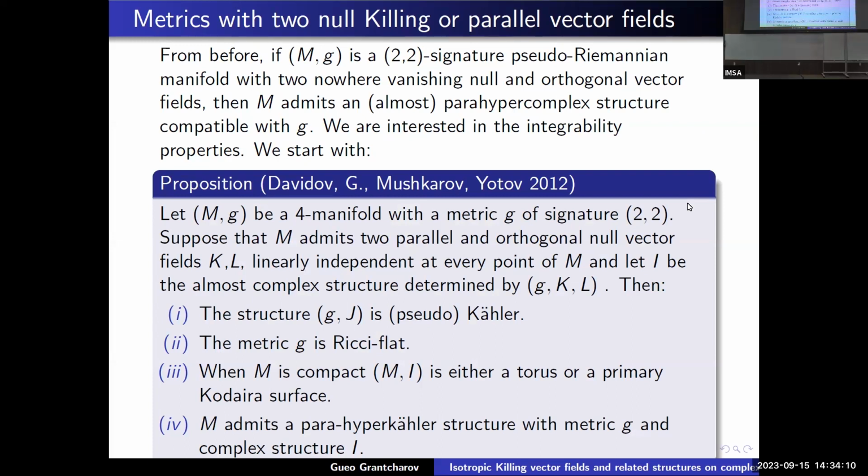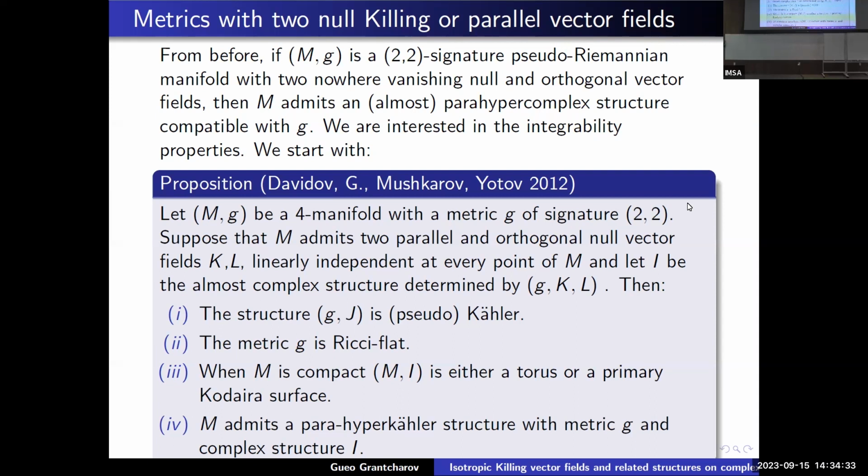Now, when we started, I started with the relation between Killing fields and complex structure. So, in this particular case, in the indefinite metric, the distribution of Killing fields is true, which span some null space related to the complex structure. So, this is linear algebra.